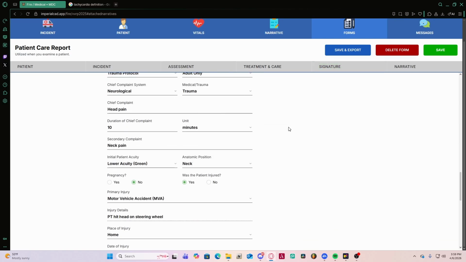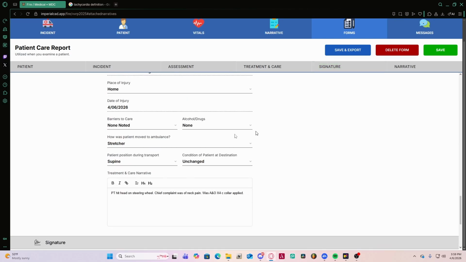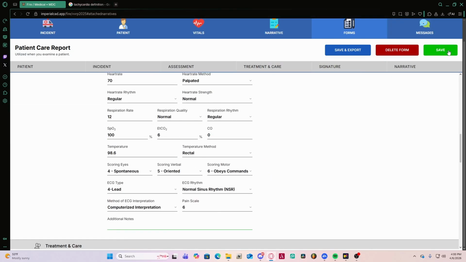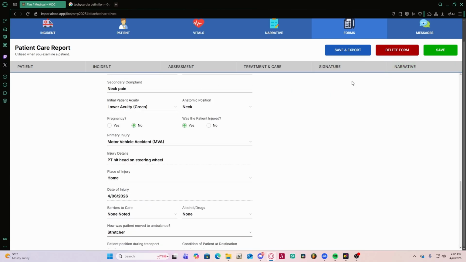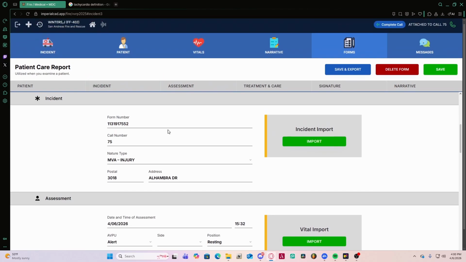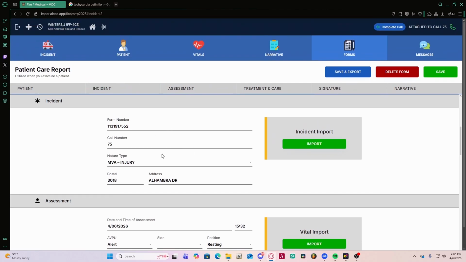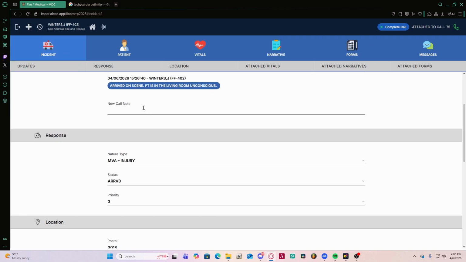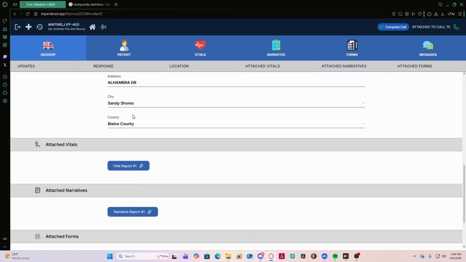And then you go to... Usually it pops up another tab. Save again. Go to incident, on the top, like the actual tab. Okay, go down.